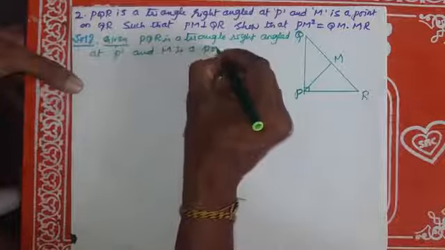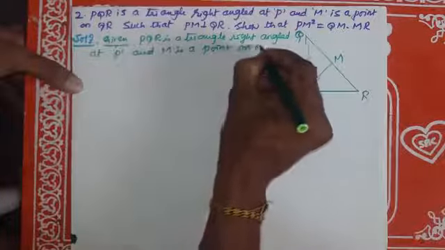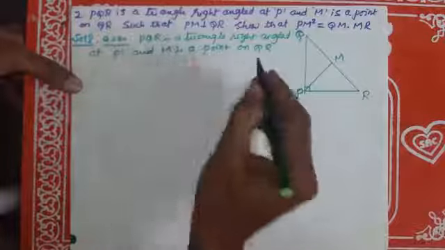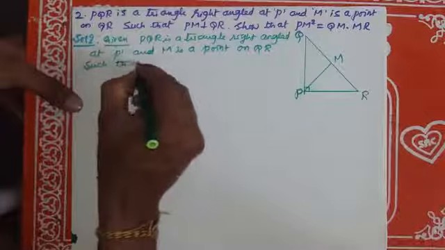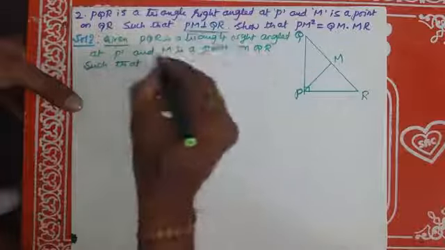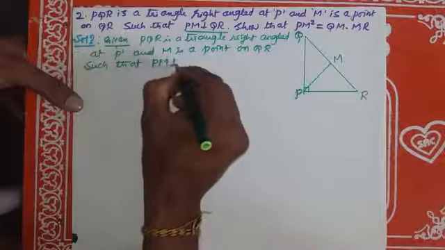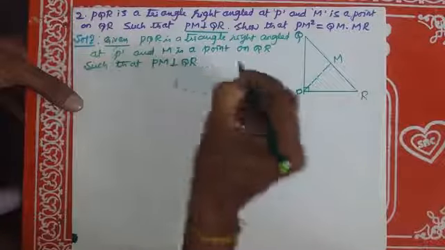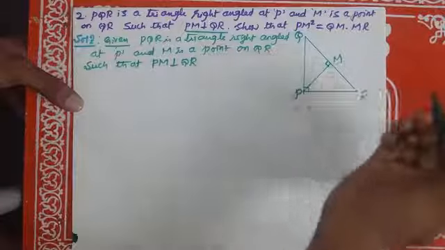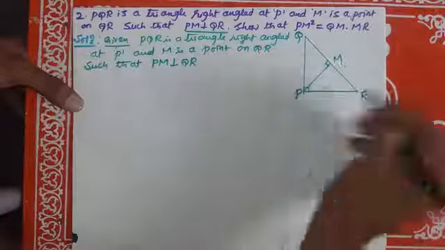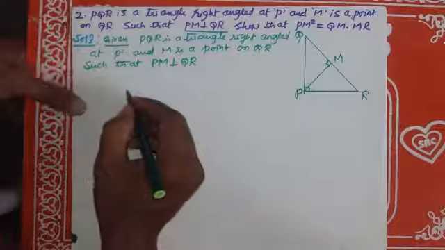M is a point on QR such that PM perpendicular QR. If PM is perpendicular to QR, this is a right angle triangle, even QMP also, or PMR also.